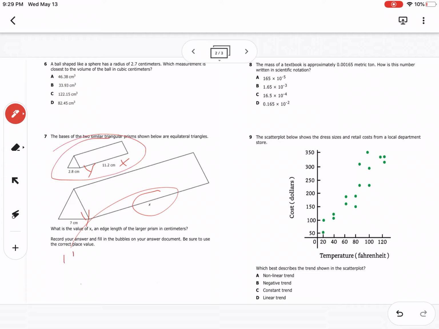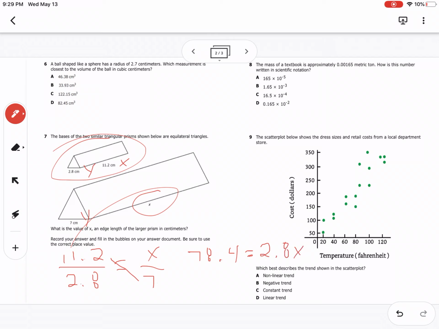Our x on top, we have 11.2 over 2.8 equals x, which is what we're looking for, over 7. Cross multiplication. So we have 11.2 times 7, which is going to be 78.4, okay, equals 2.8 times x, is 2.8x.